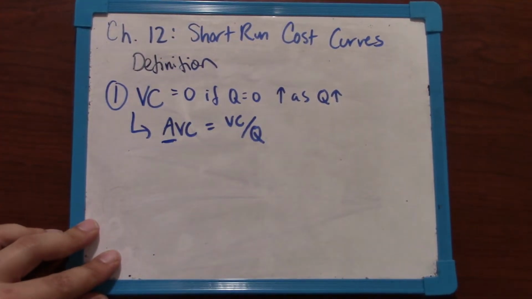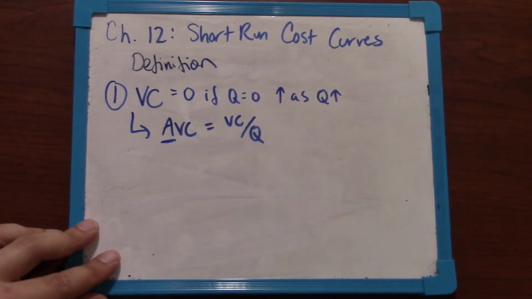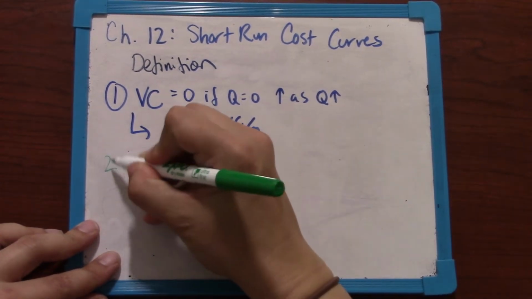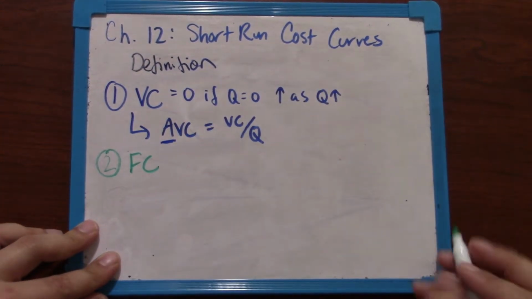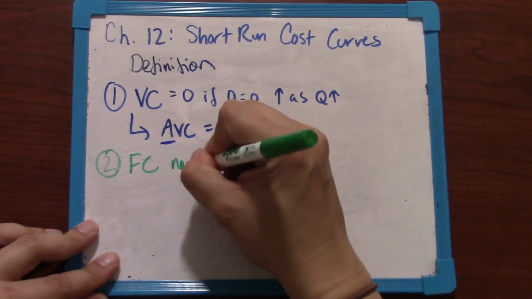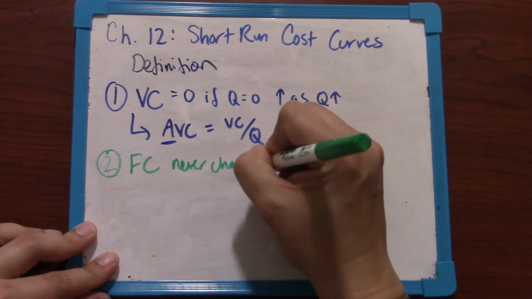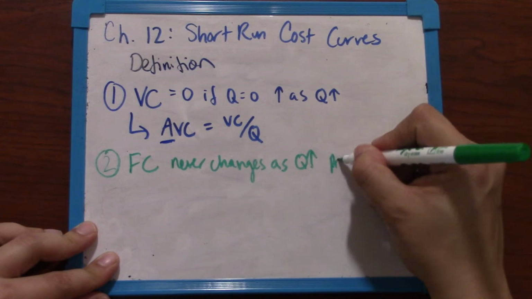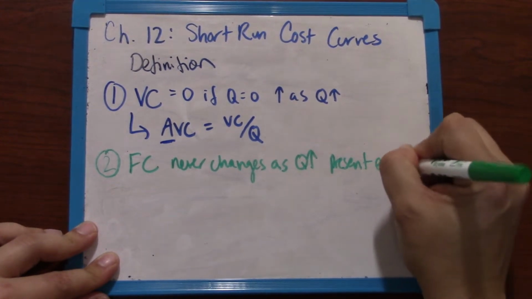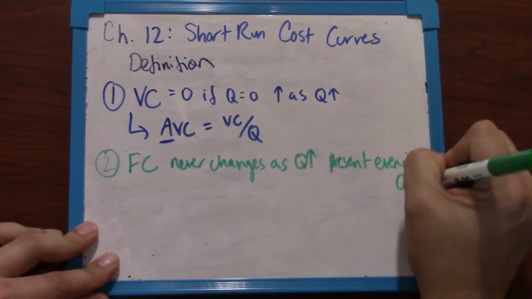Kind of the twin to average variable cost is average fixed cost, which comes from fixed cost. Fixed cost never changes as quantity increases, and it's present even if quantity is 0.